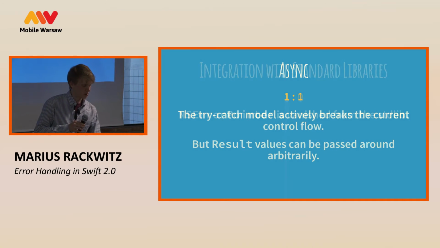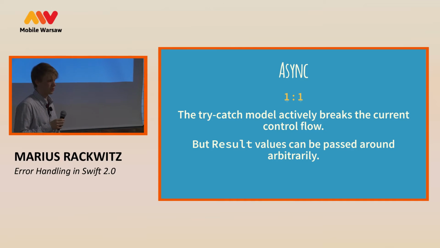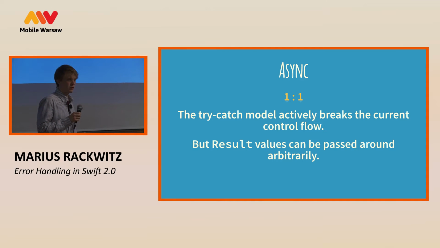But what about asynchronous code? As we have seen before, the try-catch model actively breaks the control flow. And it's not really suitable for anything which asynchronously calls back. So the point goes clearly, from my point of view, to the result values, which you can just pass around in any way.